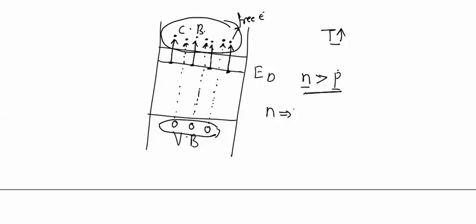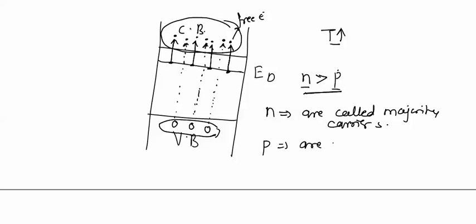Therefore, electrons are called majority carriers in n-type semiconductor, and holes are called minority carriers.